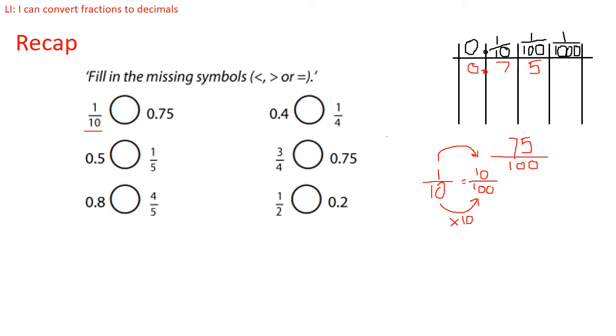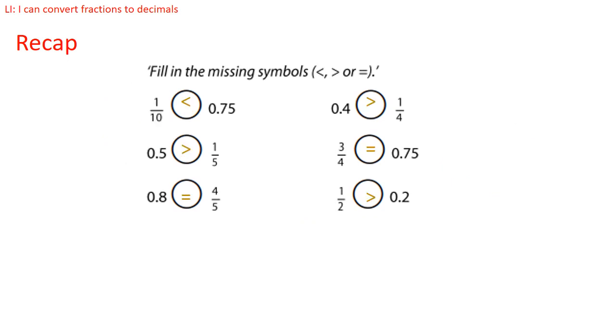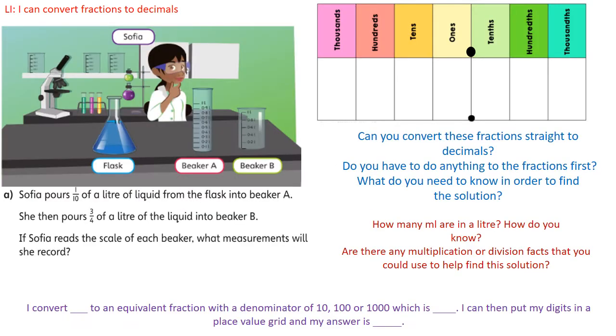Is it 10 hundredths bigger or smaller than 75 hundredths? We can now quite clearly see that 75 hundredths is the bigger of the two. I will leave you to have a go with the rest of those. Your answers are on the next slide.